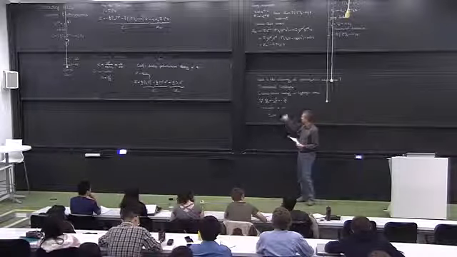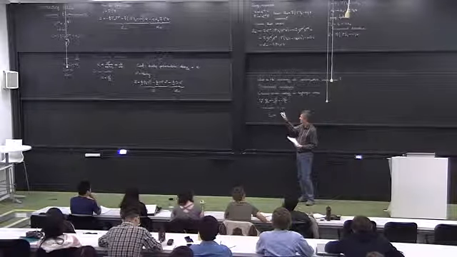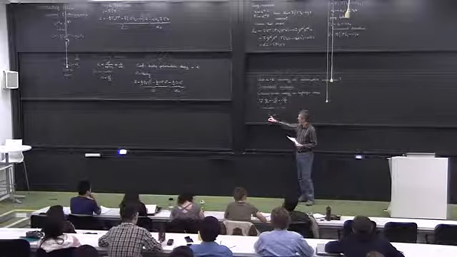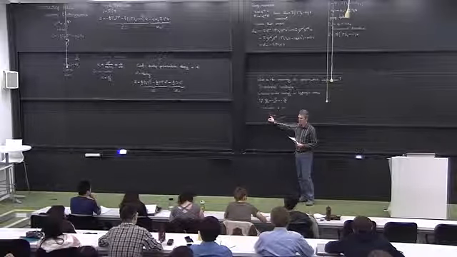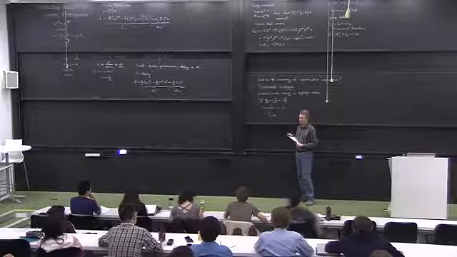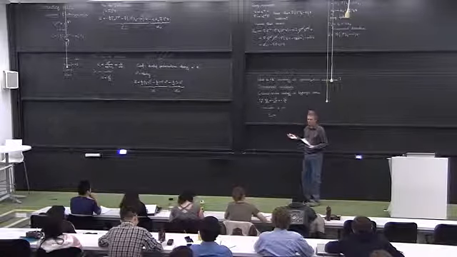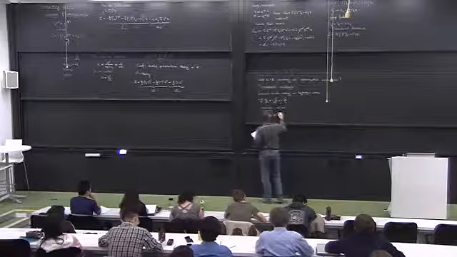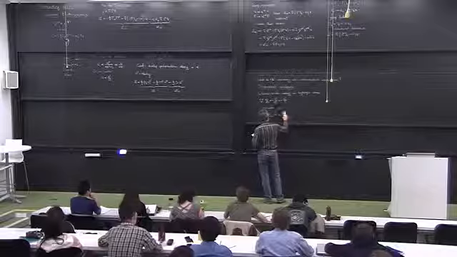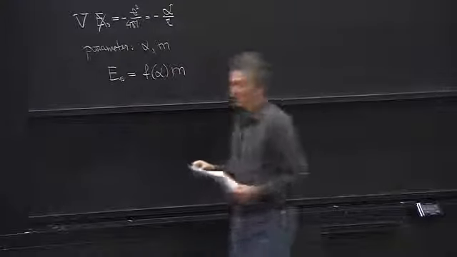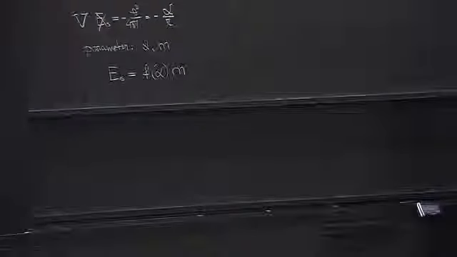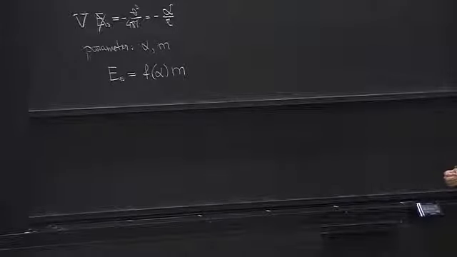So the only parameter that has dimensions here is m. Energy has the same dimensions, so it should be proportional to it with a dimensionless coefficient. So we can immediately write the answer in this form by dimensional analysis.